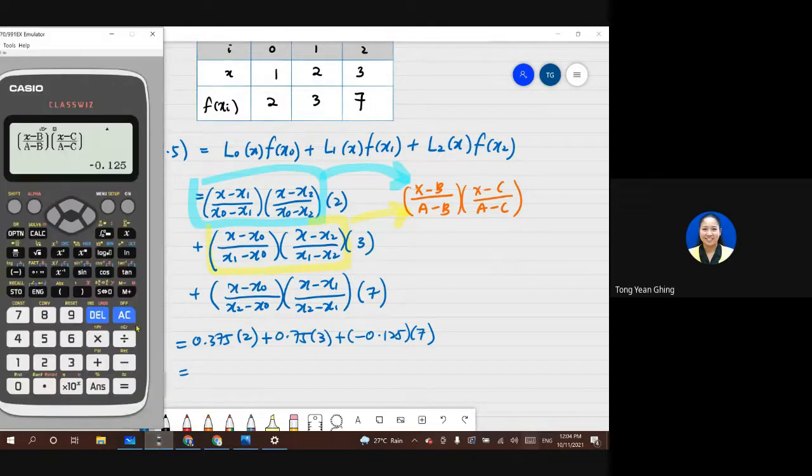Then calculate 0.375 times 2 plus 0.75 times 3 minus 0.125 times 7. So we get 2.125. Where's the answer? It's simple. Is it correct or not?